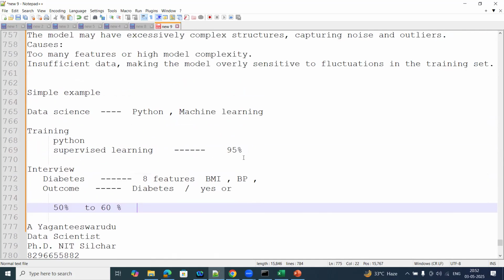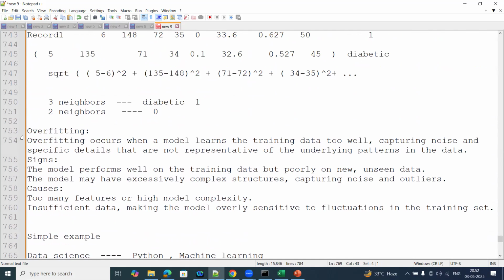So what does overfitting mean? During training, it is performing well. That's what you see in the definition. Overfitting occurs when a model learns the training data too well. It means whatever training data I give, my student is able to understand Python, machine learning, and if I ask the same questions, he is able to answer.